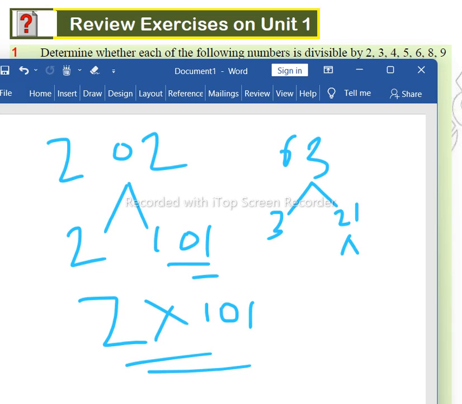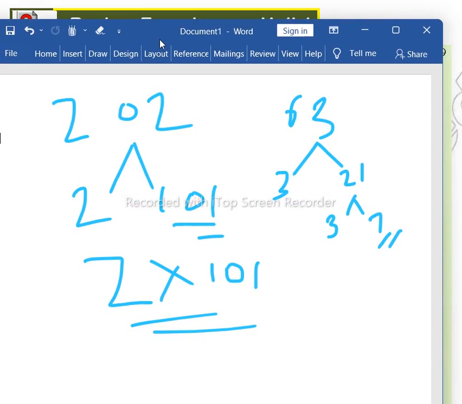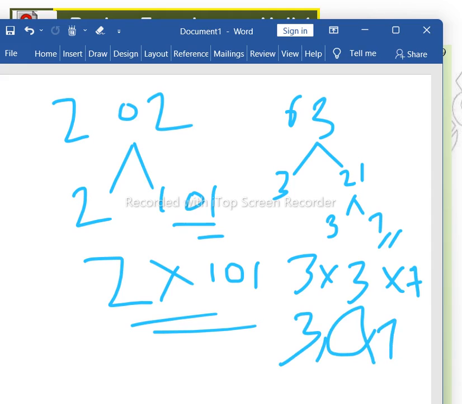Again, this number is divisible by 3. 21 divided by 3 is 7, which is a prime number. So now we stop dividing, and we can write 3 times 3 times 7. The prime factorization of this number is 3 squared times 7.